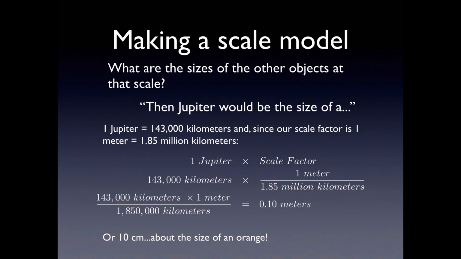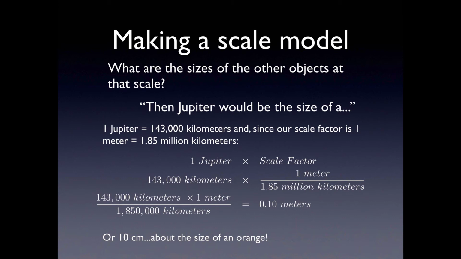Well, once I decide what my scale is, then I can answer the second question. If the size of the sun is a stop sign, then Jupiter would be the size of. Well, I look up on Google that one Jupiter is 143,000 kilometers in diameter. And since my scale factor is 1 meter is equal to 1.85 million kilometers, I take Jupiter and multiply it by that scale factor.